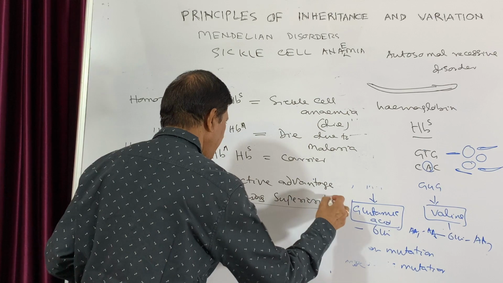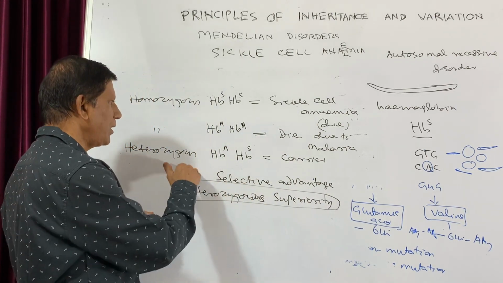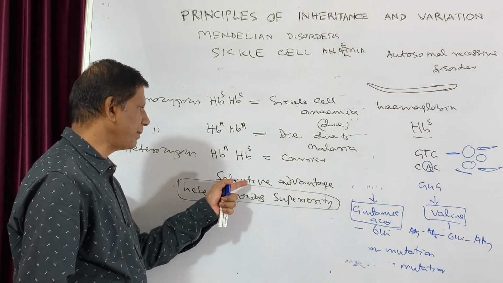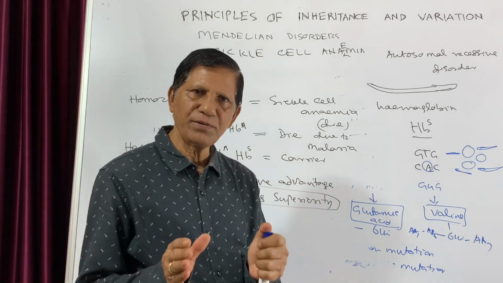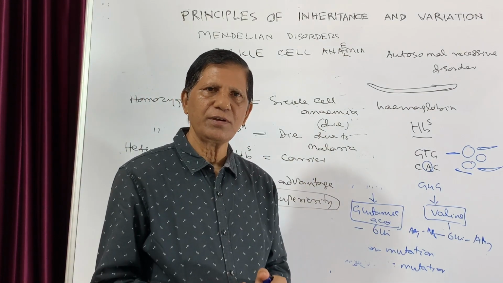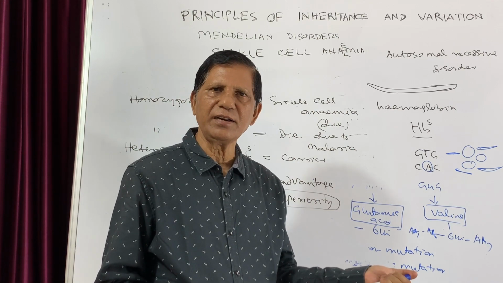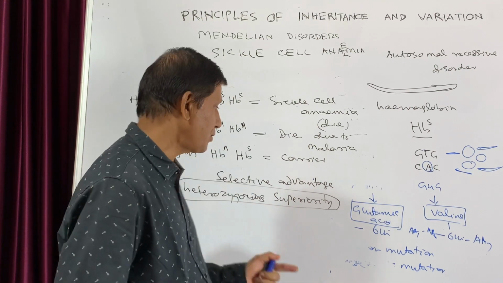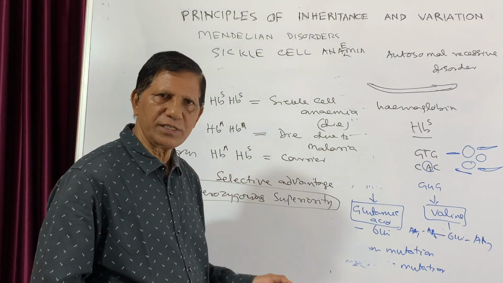Heterozygous superiority. That means those who are heterozygous or those who are carriers for the sickle cell anemia, they have selective advantage. They are superior. They can survive, they can reproduce, and they will suffer neither from the sickle cell anemia nor from the malaria. So this is one of the advantages with the carriers. So this is all about the sickle cell anemia.